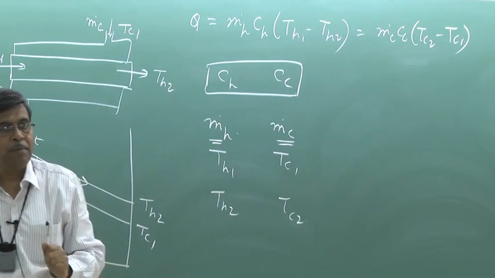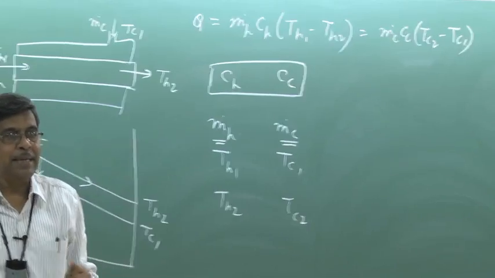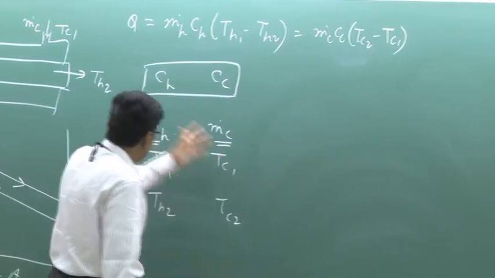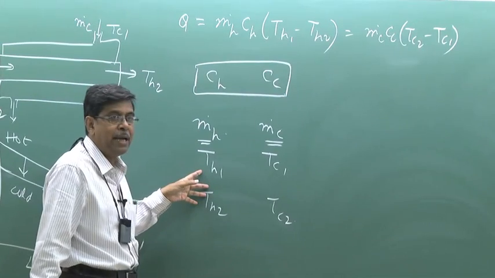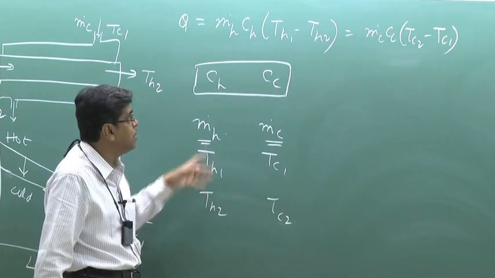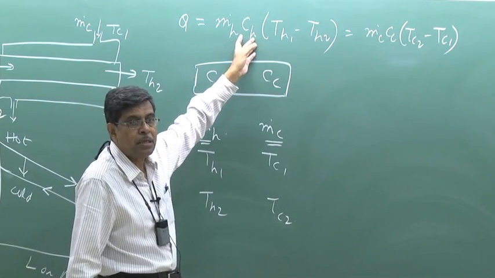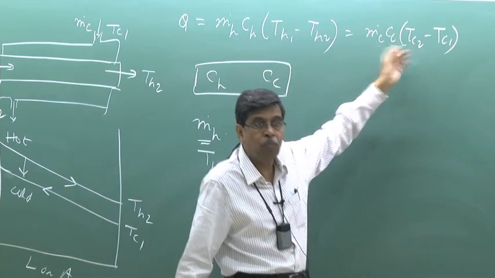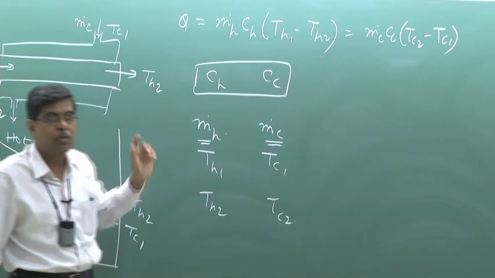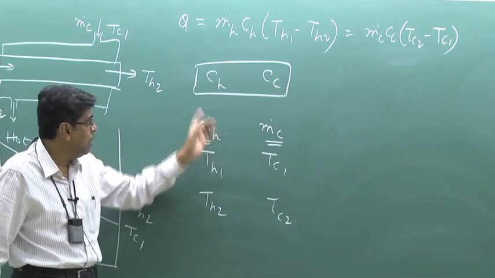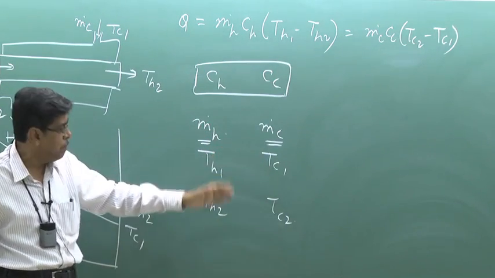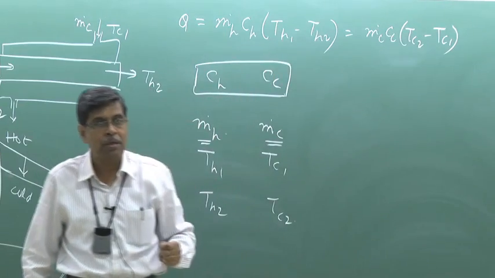This type of problem is the rating of the exchanger, that means the operating conditions as far as the heating and cooling load are known, that is how much heat has to be transferred from the hot fluid to be cooled or how much heat has to be gained by the cold fluid, because the mass flow rates and the temperatures are all known. Three temperatures are known, along with the mass flow rate I can find out the 4th one.